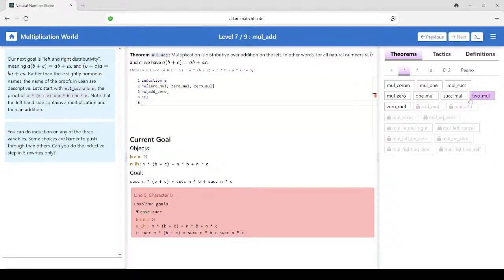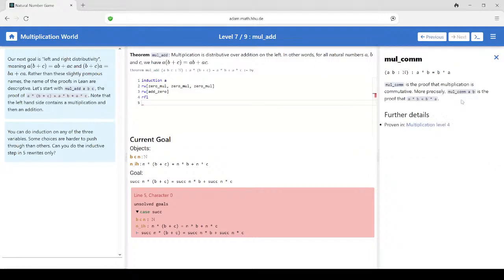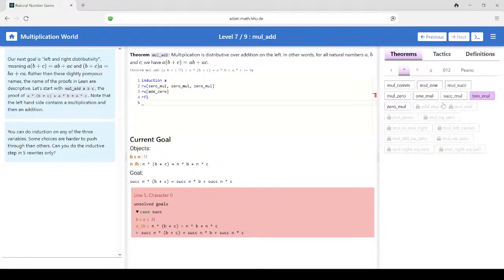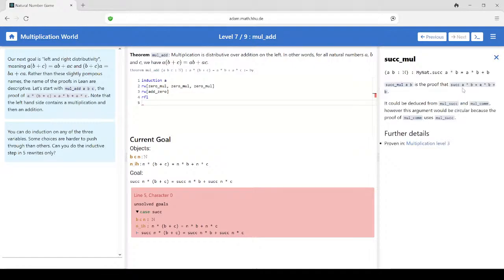What can I use? Let me think. What do I use? Can I use this?